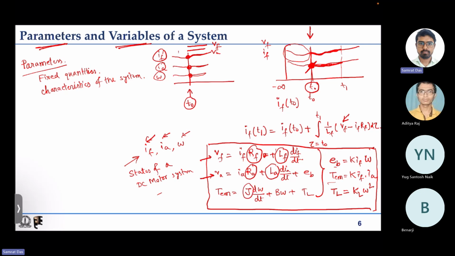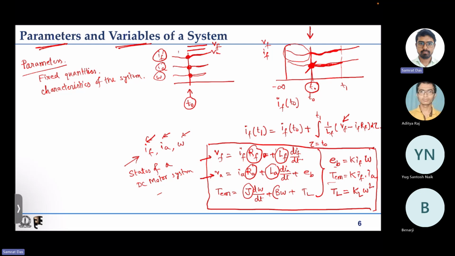J, the moment of inertia of the system, is decided by the size, shape, and material of the rotating system. So it's the polar moment of inertia of the rotating system, typically a constant. The frictional coefficient, if it is a type of friction where the frictional torque is proportional to speed, can be considered a constant for a wide range of operation.